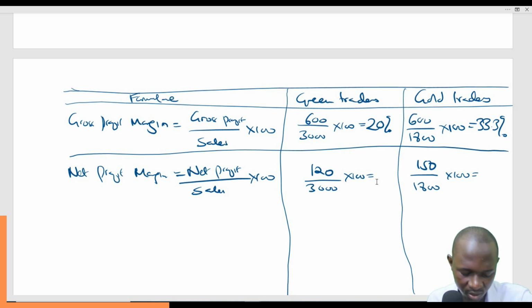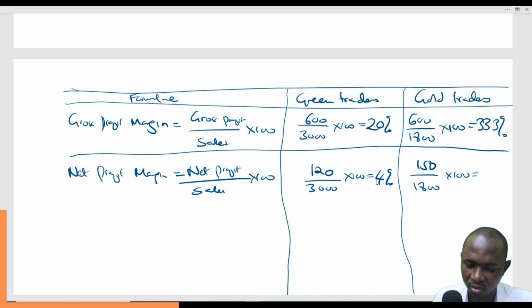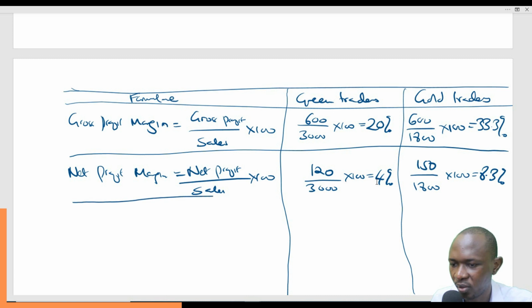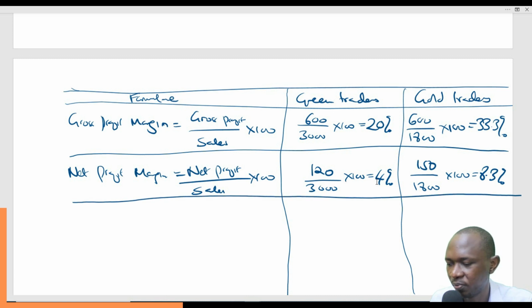So that gives us 120 divided by 3,000 times 100. This gives us 4%. Then the other side is 150 divided by 1,800 times 100. That gives us 8.3%. That is the net profit margin.